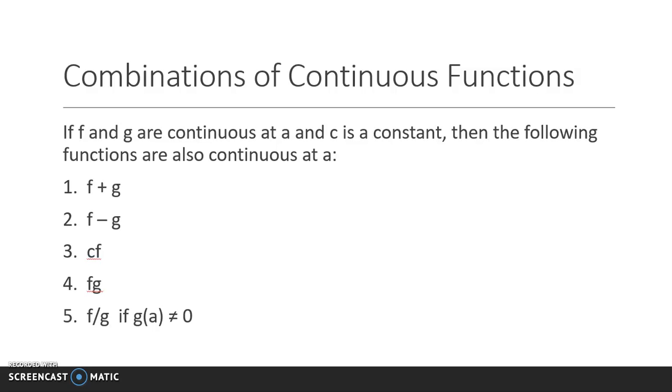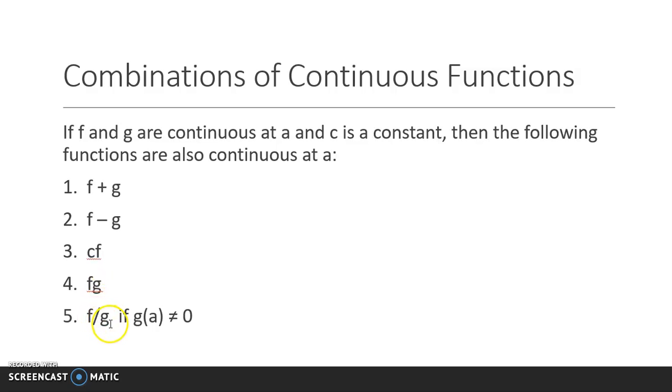This first theorem just lets us say that if f and g are continuous, then if I add them together, the result is going to be continuous. If I subtract them, the result is still going to be continuous. If I multiply by a constant, I'm still going to get a continuous function. If I multiply the two functions together, they're still going to be continuous.